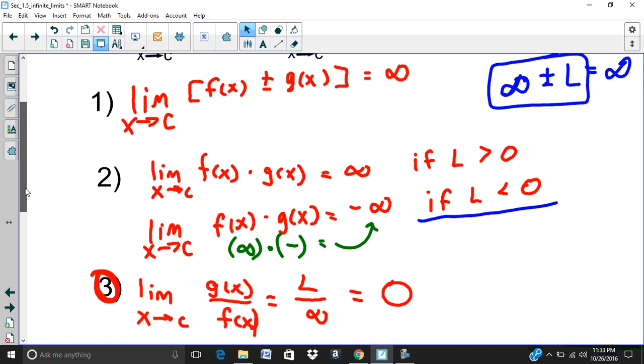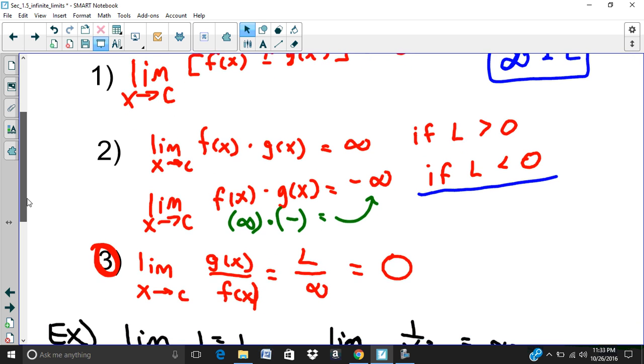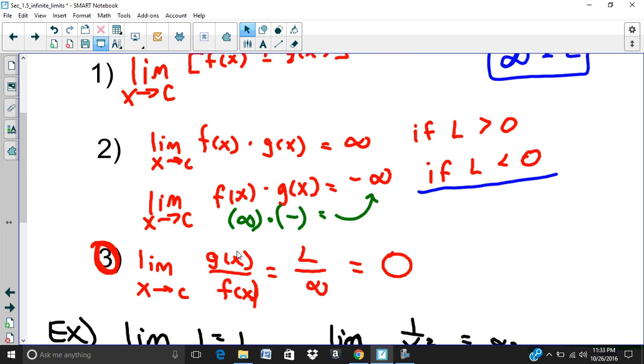Okay, one of the last properties we have here, this is a good one. If we take the limit of g of x divided by f of x, which means we're taking that number and dividing by infinity. So think about this. Take your calculator, type in like 3 divided by 999 billion, and hit enter.